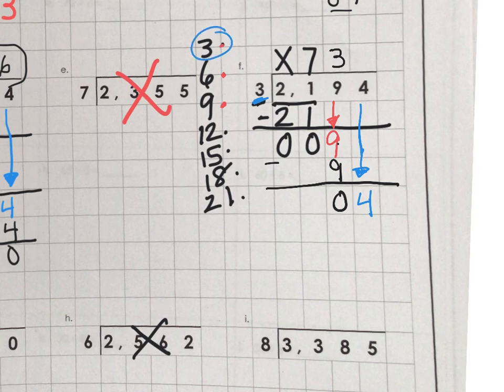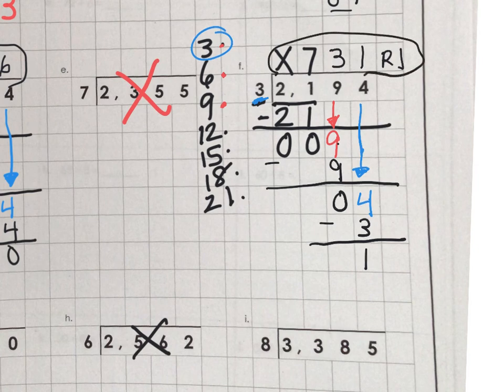So I put my 1 up here, and then 1 times 3 is 3, and I'm ready to subtract. 4 take away 3 is 1. Okay, and so I know that my remainder is going to be 1. It's always good to make sure that your remainder is smaller than your divisor on the outside. So remainder 1, and go ahead and circle your answer.